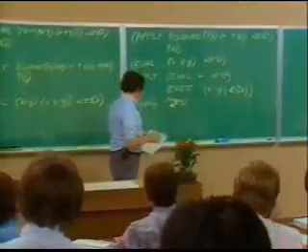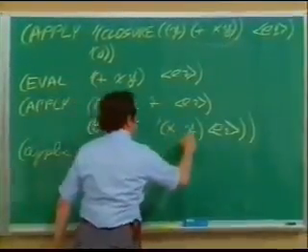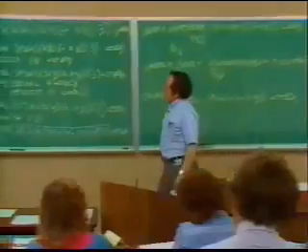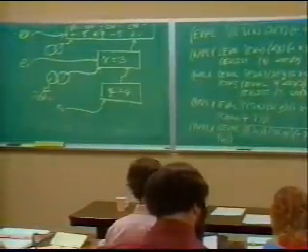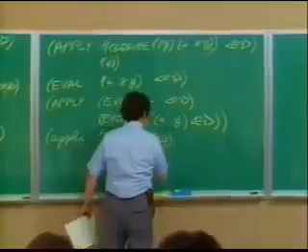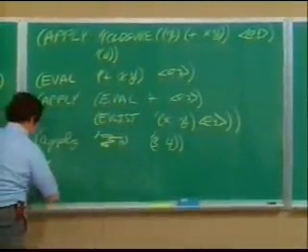Apply that to the result of evaluating x and y in E2. But we can see that x is 3 and y is 4. Okay, so that's to 3 and 4 here. And that magically produces for me a 7.